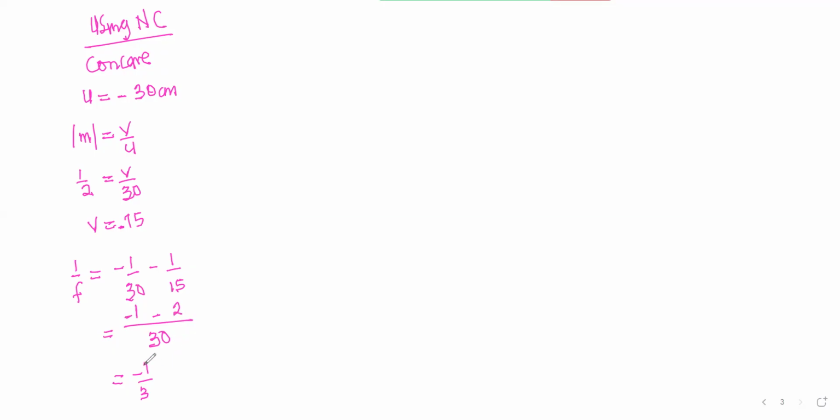So we have negative 3 over 30. Therefore, 1 over F is equal to minus 3 over 30. F, therefore, is equal to negative 10. The negative means that F is real, in front of the mirror.